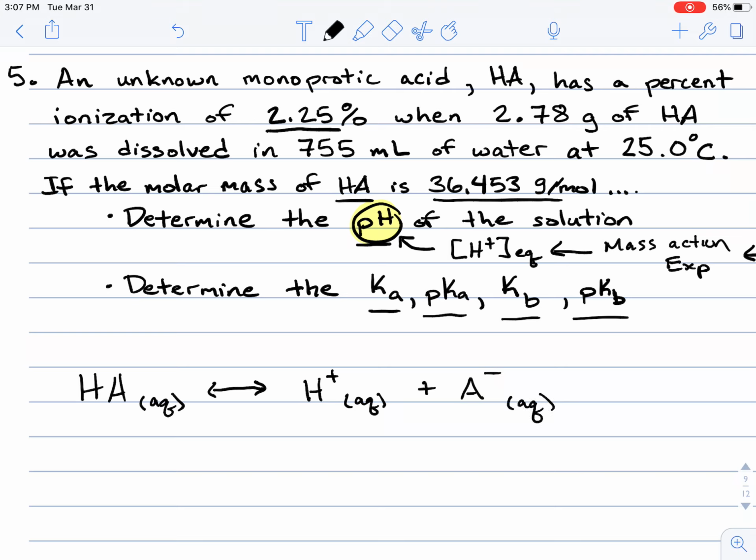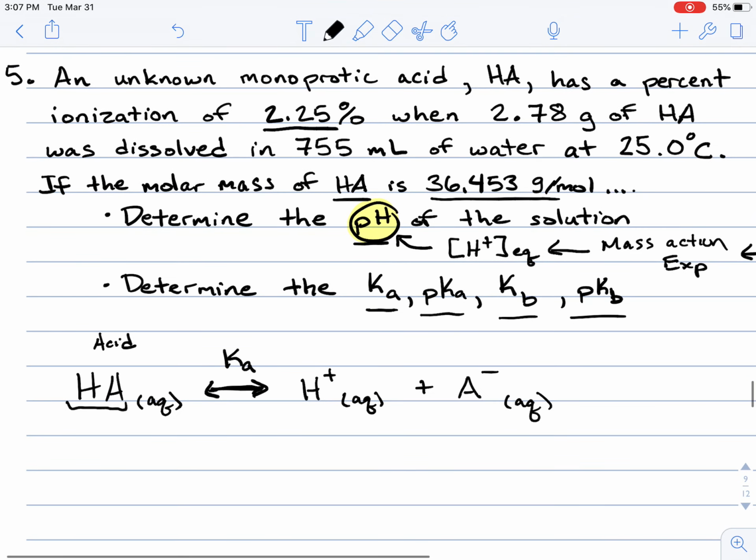And so since we are working with an acid, if we're looking at the forward direction, we know that we're ionizing our acid. And so therefore, we need to have an equilibrium constant that's reflective of it. And so, long story short, we need Ka.